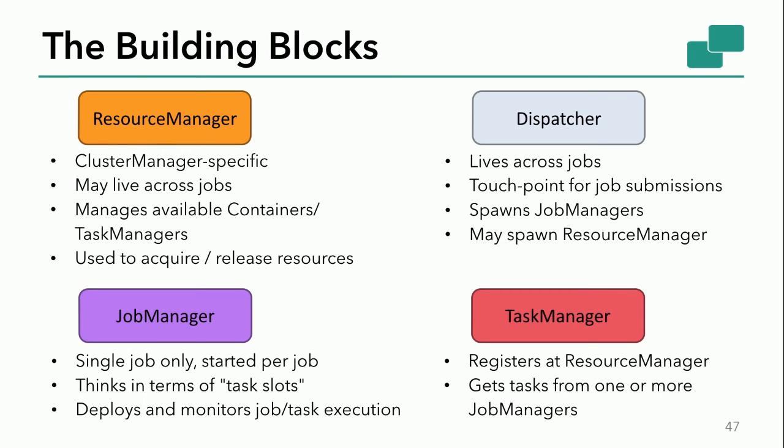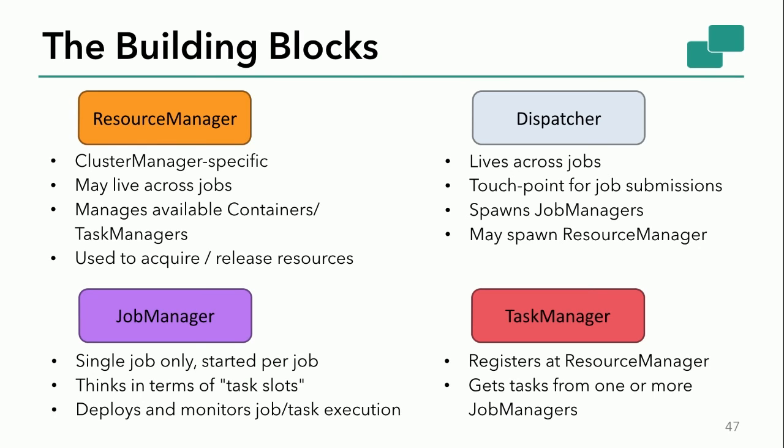The dispatcher is the point of contact for the client. It starts up a job manager for each job, and the job manager has a much simpler responsibility. It just thinks in terms of the resources that task managers have. We call them task slots. A task slot can run one subtask of your job.